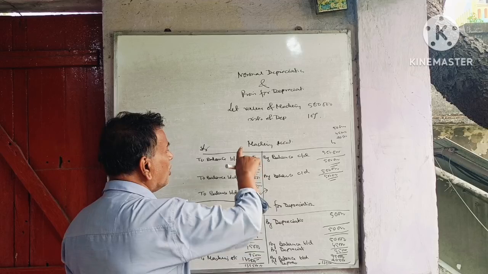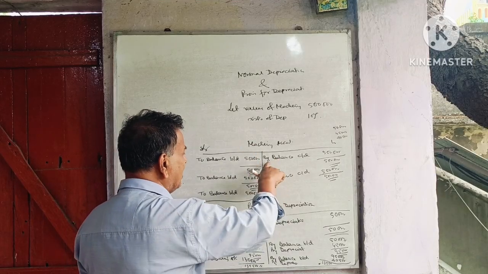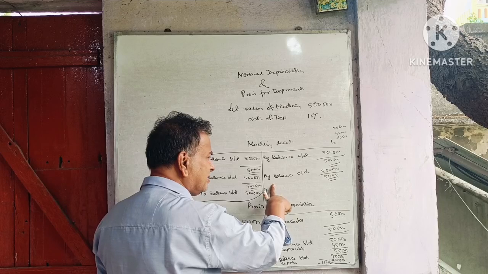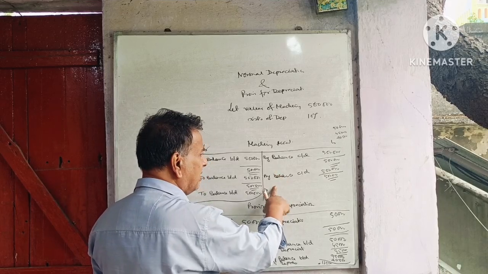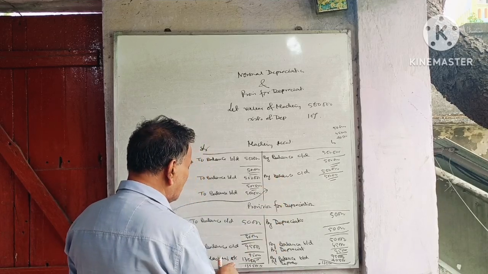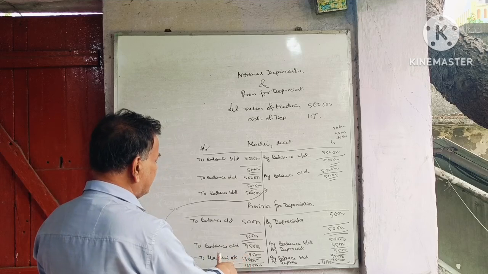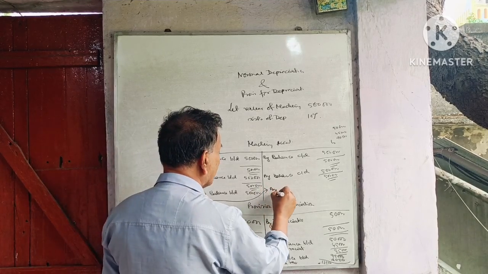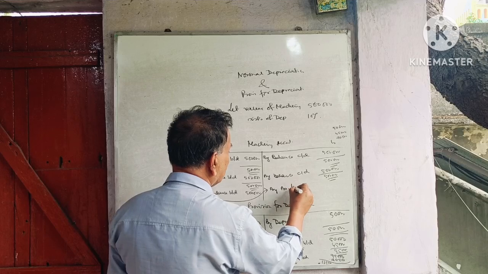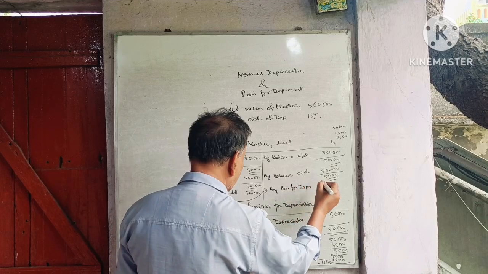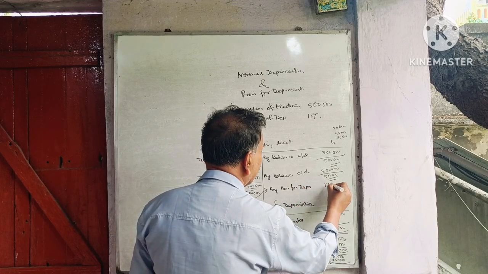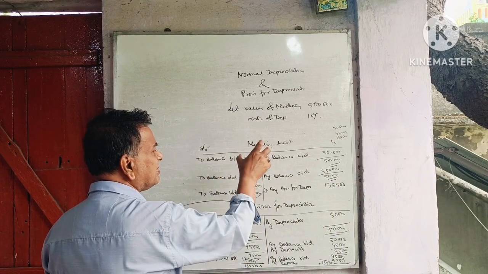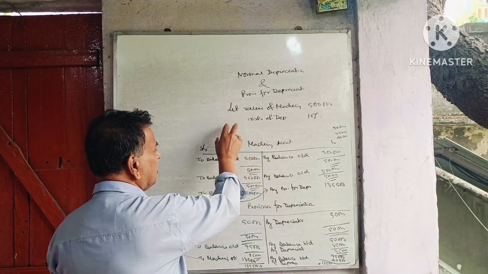In respect of the normal, it will be shown as by depreciation, then by balance CD, by depreciation, then by balance CD, then by depreciation, by balance CD. Instead of that, we are accumulating the total depreciation and transfer it to machinery account by provision for depreciation. How much is it? 1,35,500.